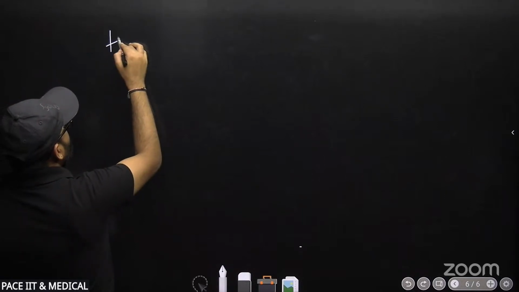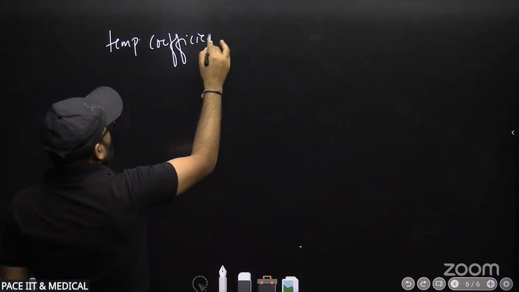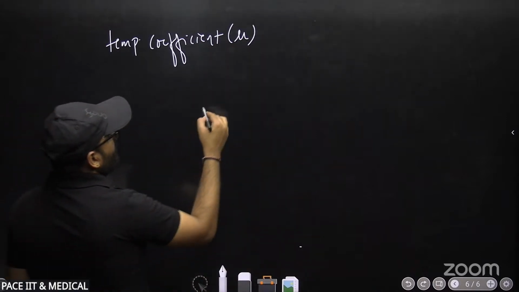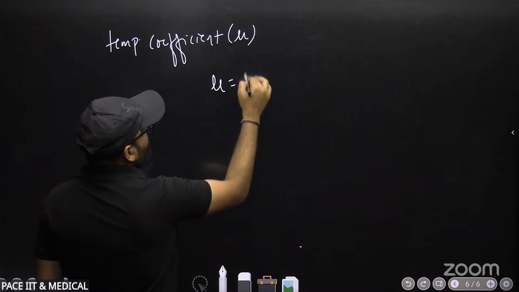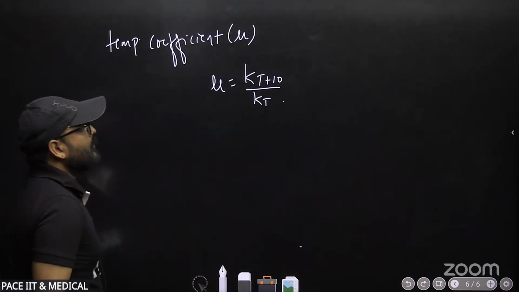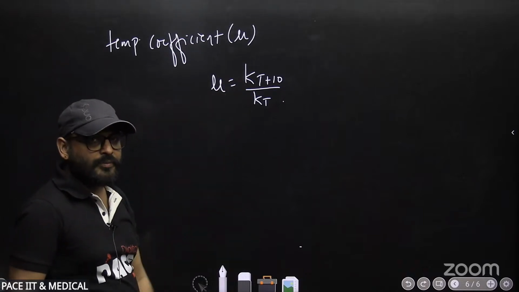And one last thing, there is one term, temperature coefficient. This is known as mu, and mu is just k(t+10) upon kt. If we increase temperature by 10 units, that ratio is known as mu.